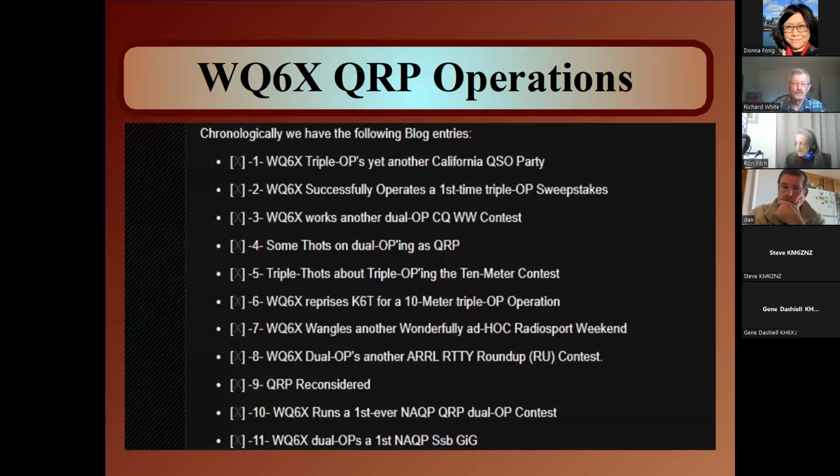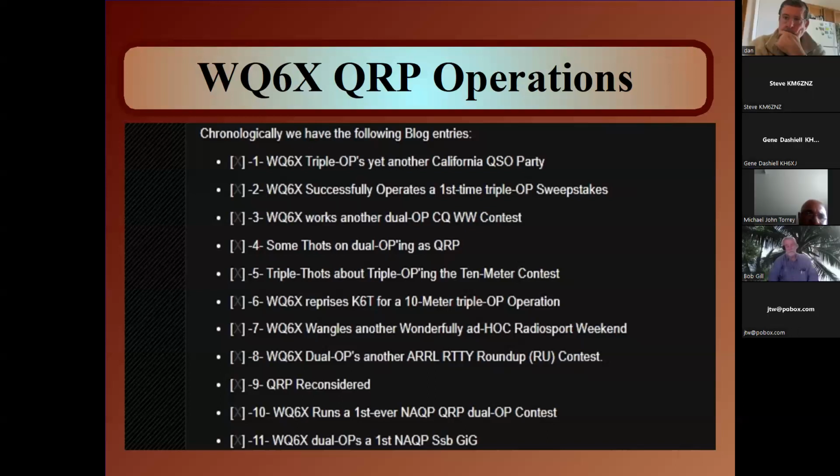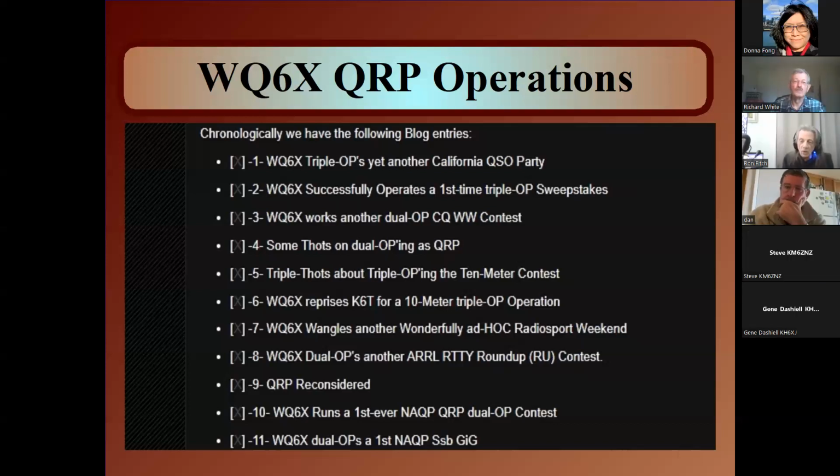After that, I got ballsy and got access to the antenna system I'm going to show you a picture of in a moment. The antennas at WA6TQT, they've got an antenna farm down there. I ran the Stew Perry 160-meter contest QRP, but I had a tri-square vertical array.